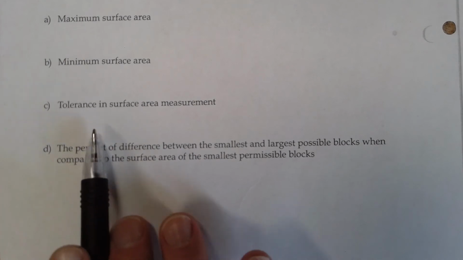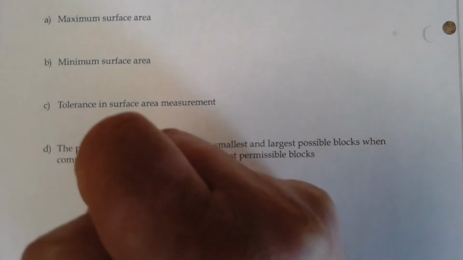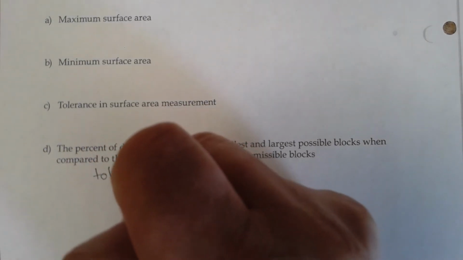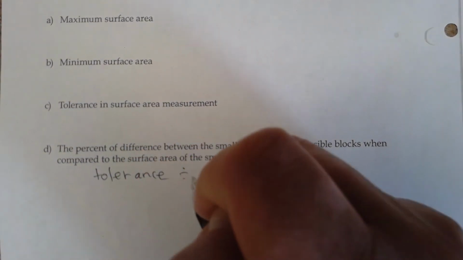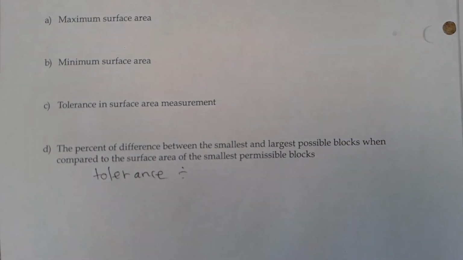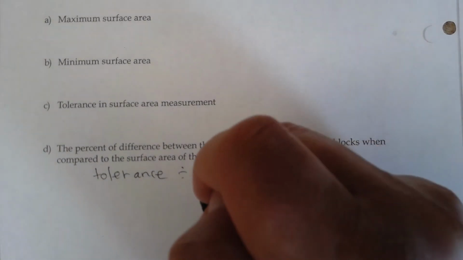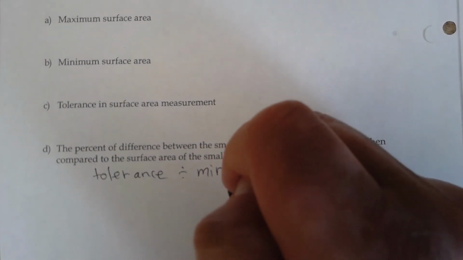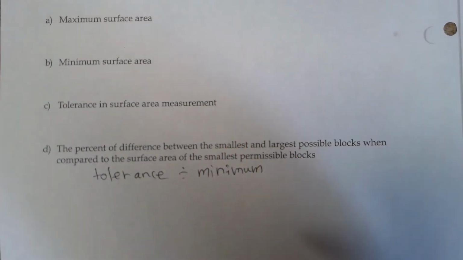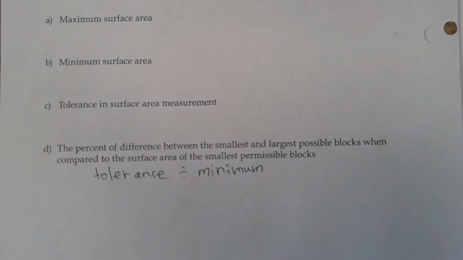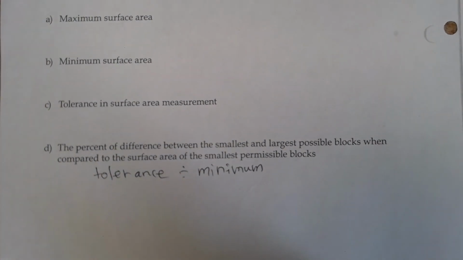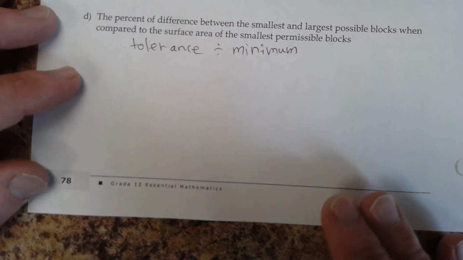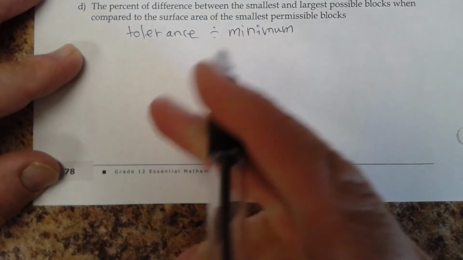So your tolerance, in other words, this last one here is tolerance divide by minimum. Okay, simple as that.